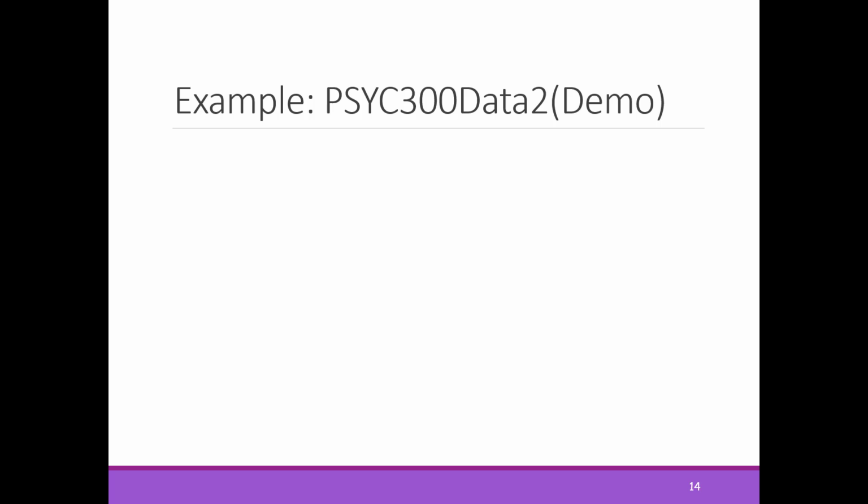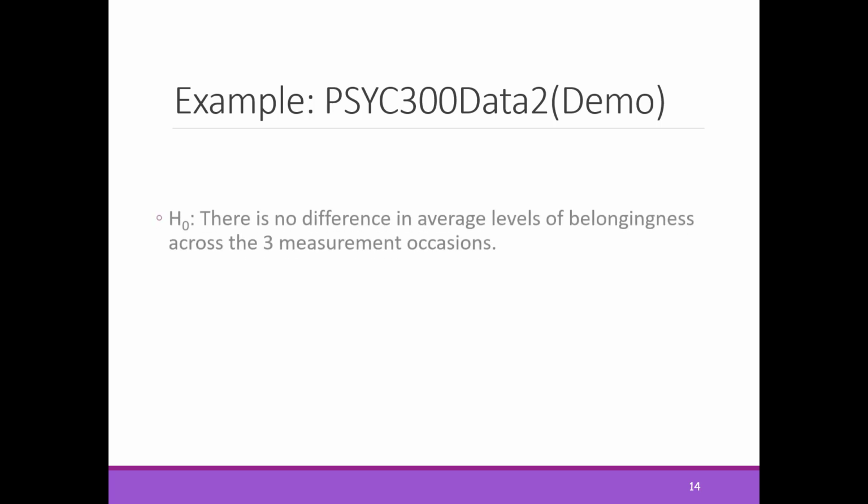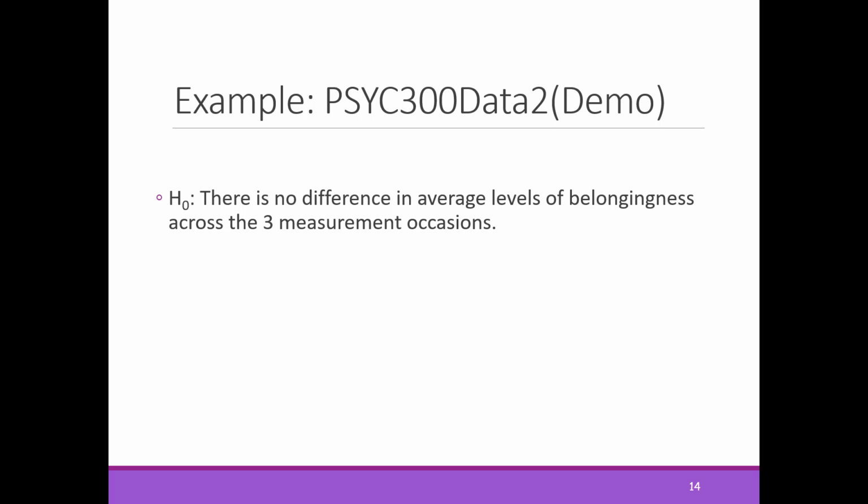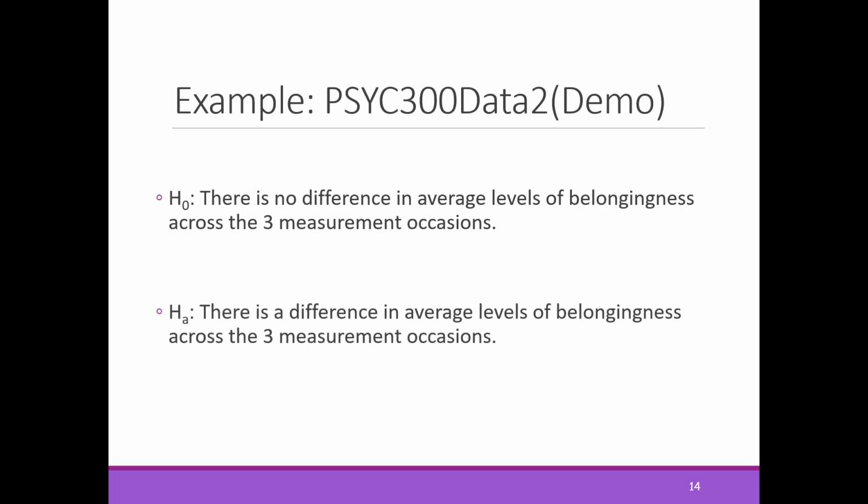And so thinking about hypotheses, the null hypothesis might indicate something like there's no difference. Basically, there's no difference across those 3 measurement occasions. Whereas the alternate hypothesis would say there is a difference somewhere in the levels of belongingness across those 3 measurement occasions. And we don't know exactly where those differences are, but there's at least one difference in means across those 3 measurement occasions.